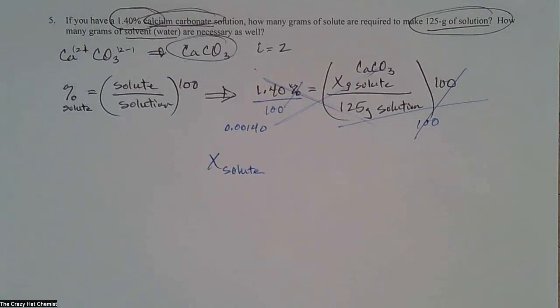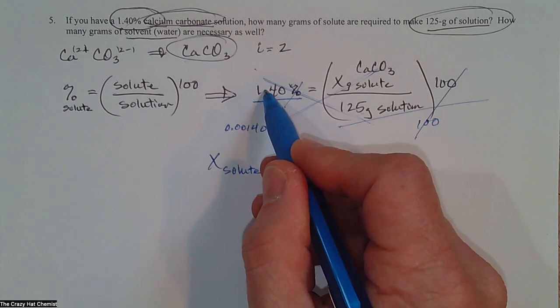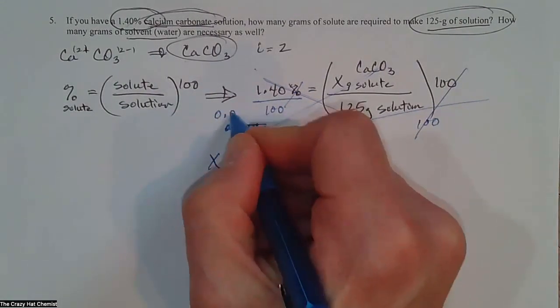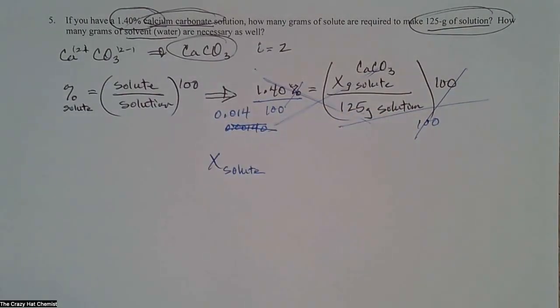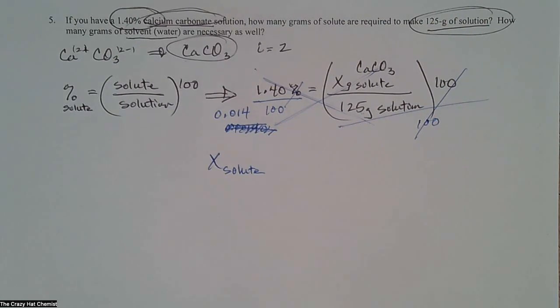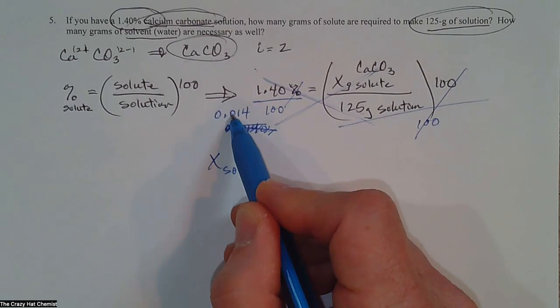Oh, wait a second here. Yes, here we go. So, wait a second. We need to move this decimal place 2 places over. I made a mistake here. This is 0.014. Okay, not that other number that I had up there. Sorry about that. So 1.40 divided by 100 is 0.014.